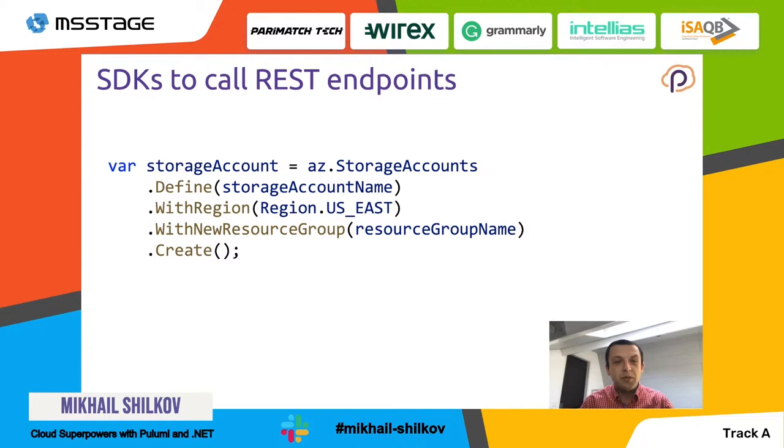So you could write code like this, where C# code would get translated to an HTTP payload, then would be sent to the ARM API, and then the response parsed into C# objects again and returned to you. But when you write code like this, every line in your code would get translated to one HTTP call immediately, and a response would come back.